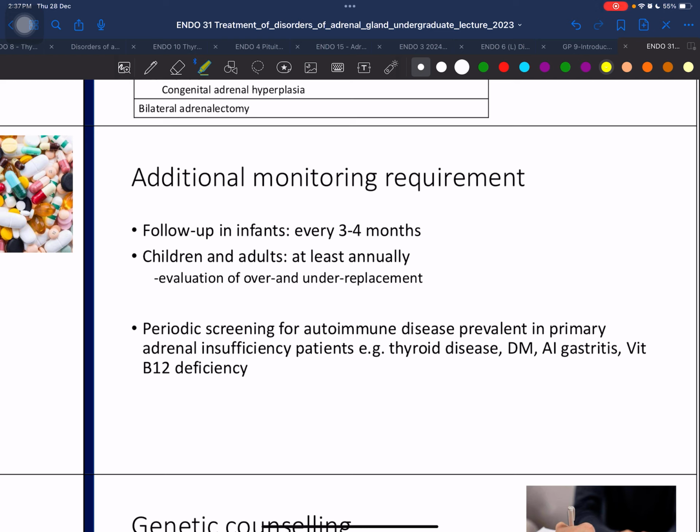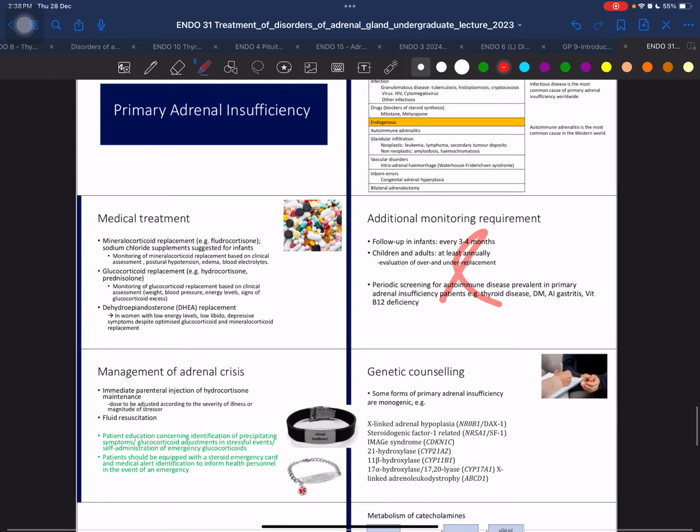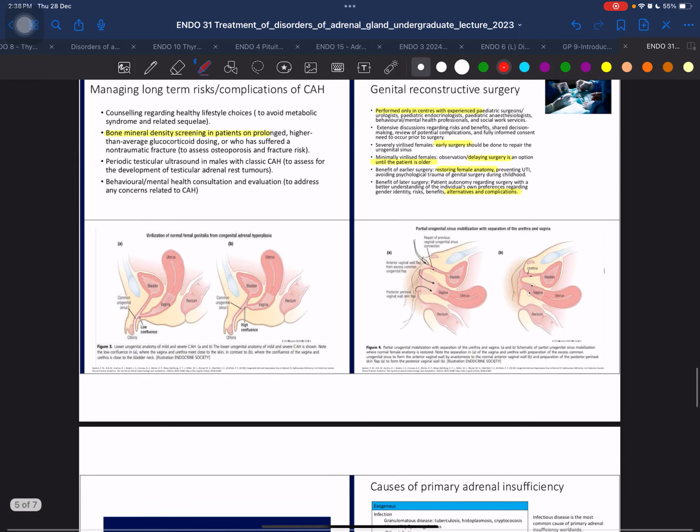If they are of autoimmune origin, they are most likely associated with other autoimmune disorders as well. So you need to look for whether the patient also has autoimmune thyroid disease, type 1 diabetes, autoimmune gastritis, vitamin B12 deficiency, and the constellation of signs and symptoms associated with autoimmune disease.